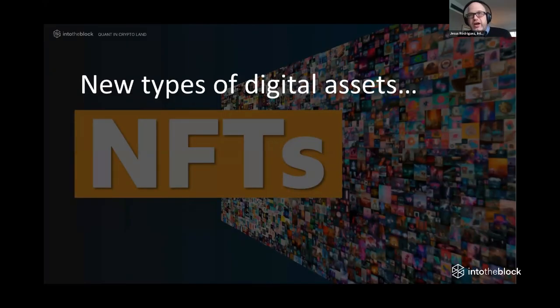Then the fourth and final point I listed at the beginning is this idea of new forms of digital assets. In traditional markets, you build on an infrastructure, and the new financial instruments, for the most part, are derivatives and structured products. Everything else remains very steady.